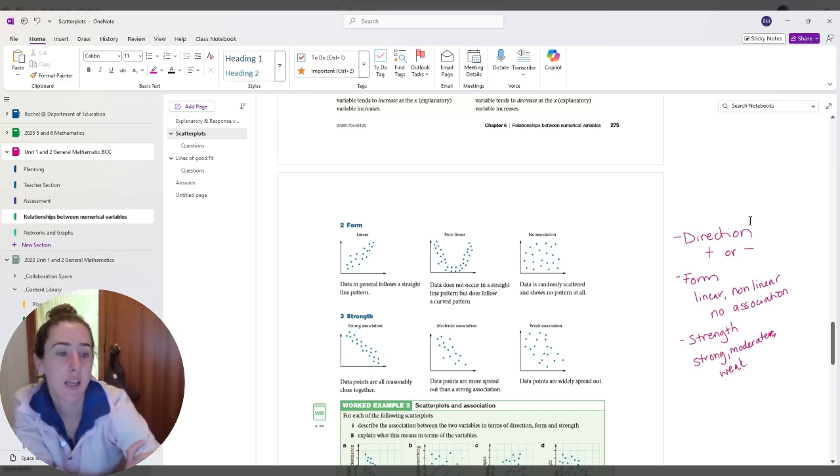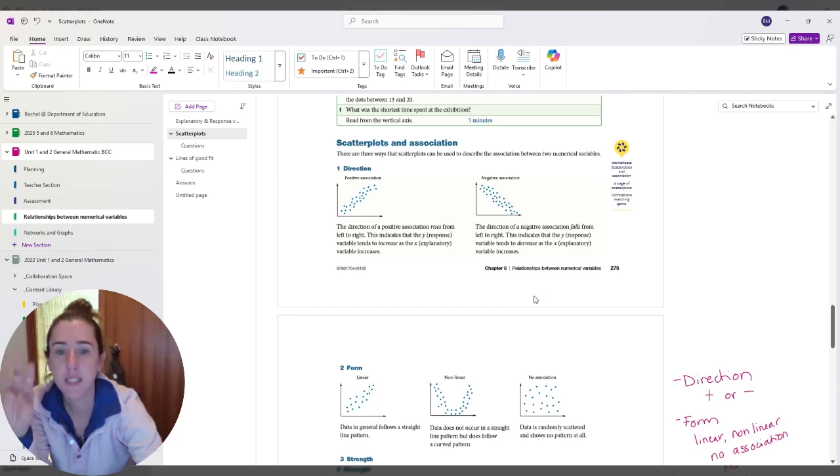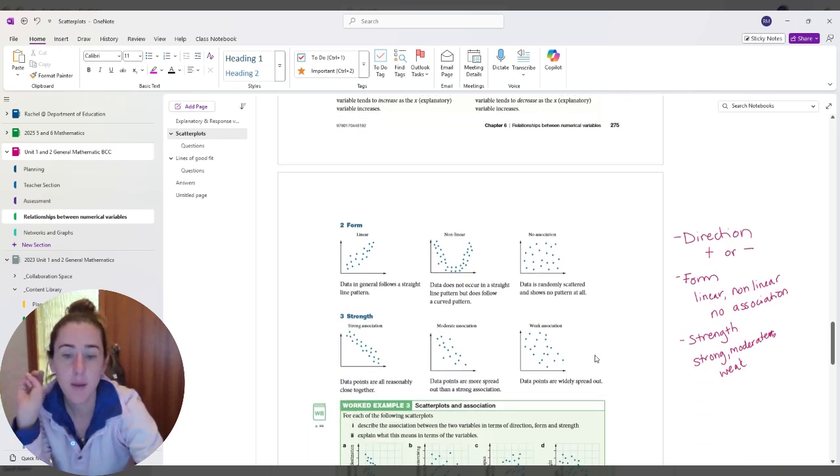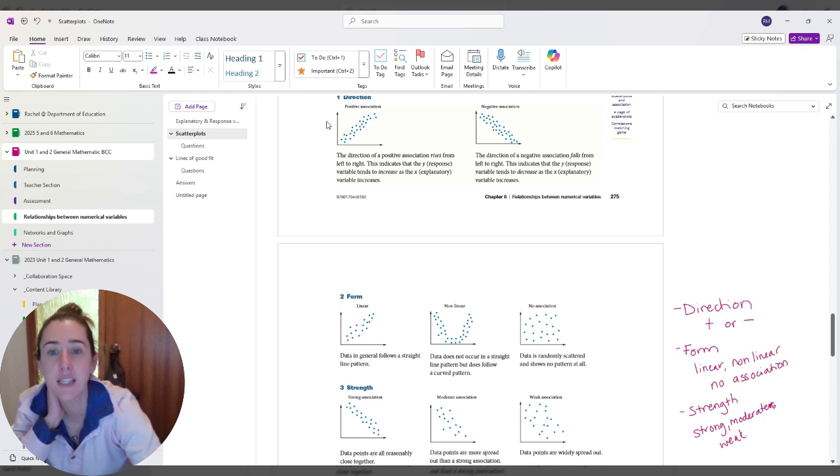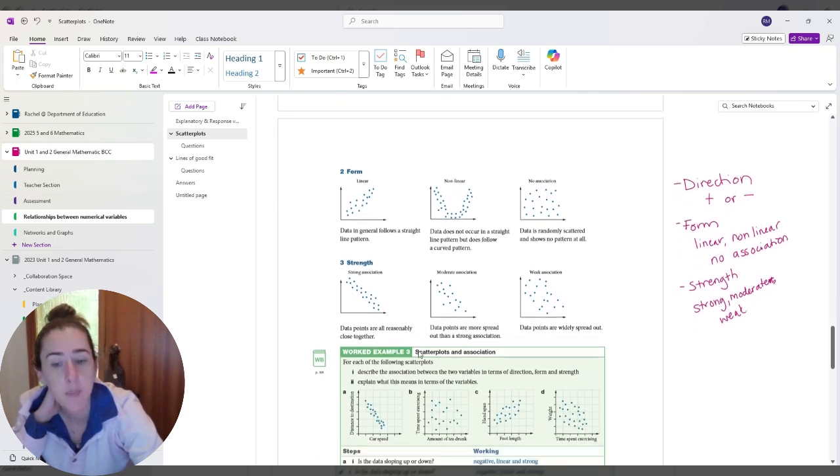So remember, you've got 3 ways to describe. You've got direction, form, and strength. These are things that you are going to have in your notes, so make sure that you've really clearly got these with examples about what each of them means and what they look like.